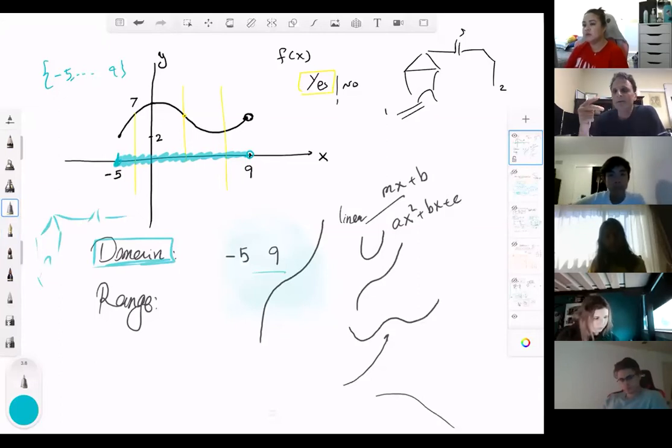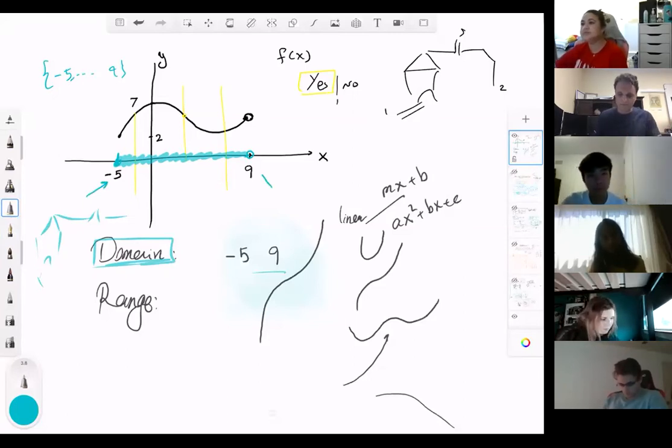There are two different ways to show the solution. One of them is interval notation. In interval notation, you get the minimum part, and you get the maximum, like -5 comma 9. Now you have to take care of the parenthesis or bracket.